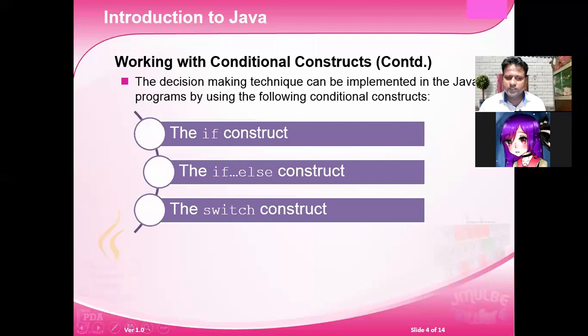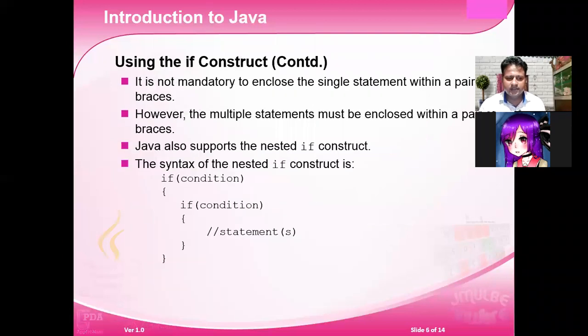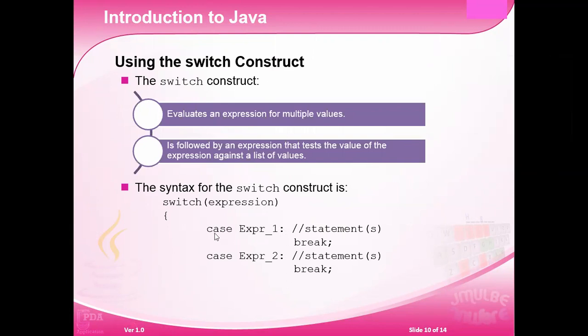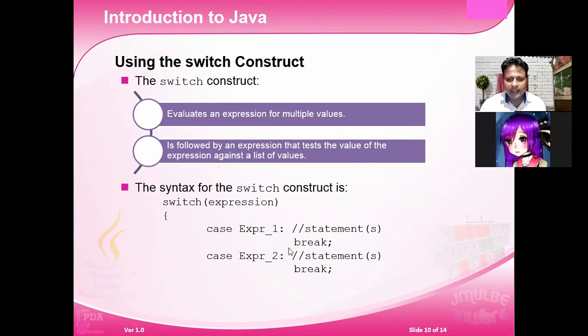So this switch case is just like the switch case that you are using in C programming also. In the switch case, first you have to take an option, take a value, and that value that you have taken, if it is matched with any case statement, then the corresponding statement is executed.